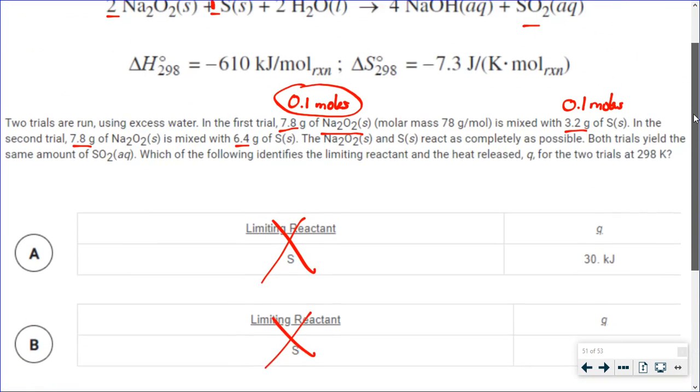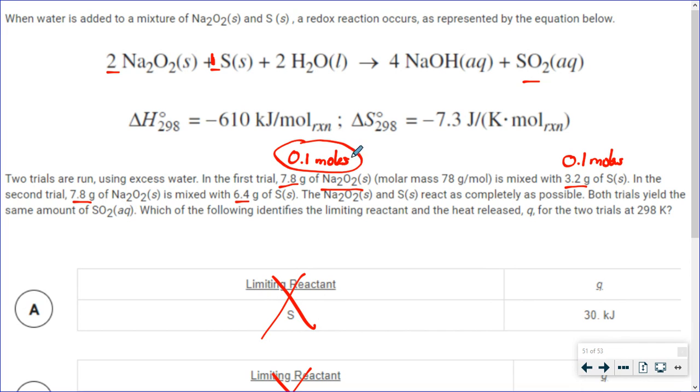So how do we get the correct amount of energy released? Well, if 0.1 moles reacts, we're going to use this value right here for the amount of energy that gets released for every 2 moles of Na2SO4. So this would be a stoichiometry problem, and I'd start with 0.1 moles of Na2O2, and then I want to convert out of moles for every 2 moles of Na2O2.